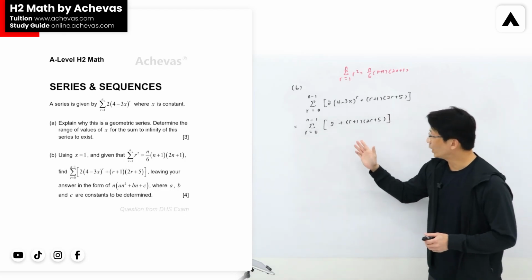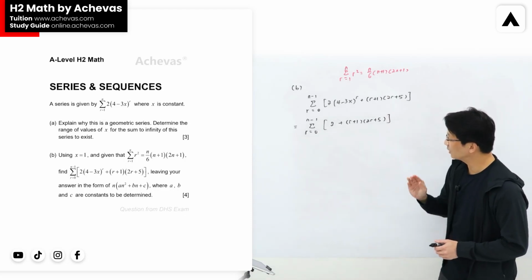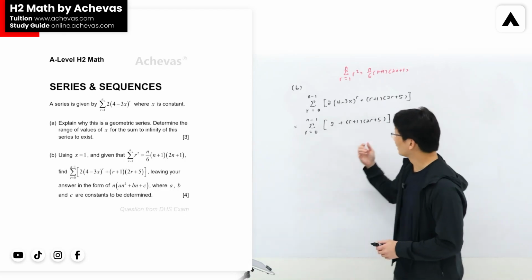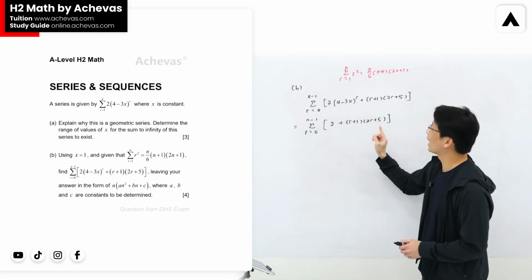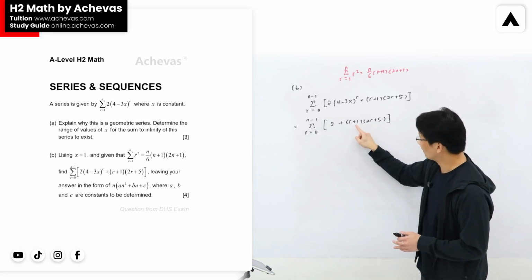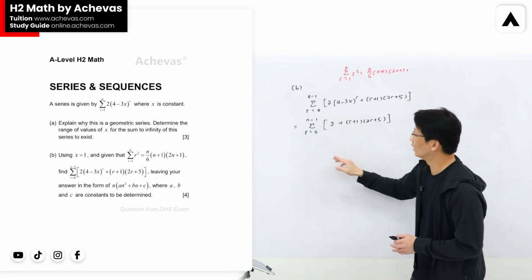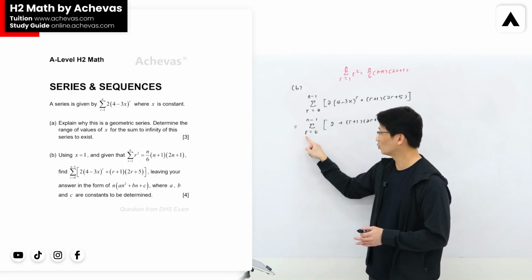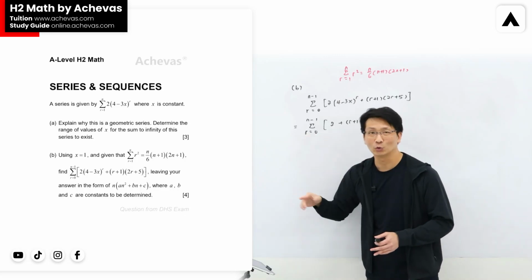In fact, there are two ways of approaching such a question. The first thing is we can make use of our substitution. Replacing our r with r minus 1, we can simplify this expression. And also when r is r minus 1, when we shift the minus 1 over to the right-hand side, we have r equal to 1.